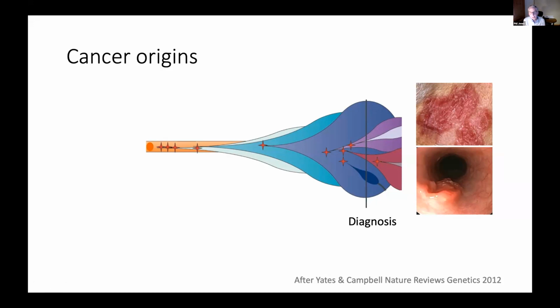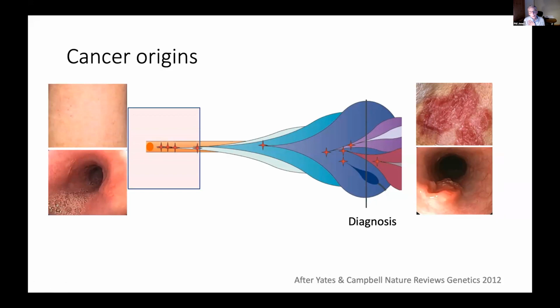So about 20 years ago, I started wondering whether, if we understood the clonal dynamics of mutant cells in normal tissues, we could intervene much earlier and potentially prevent those much simpler mutant cells from developing into tumors and then prevent cancer before it starts. That was the motivation behind the research I'm going to show you today.